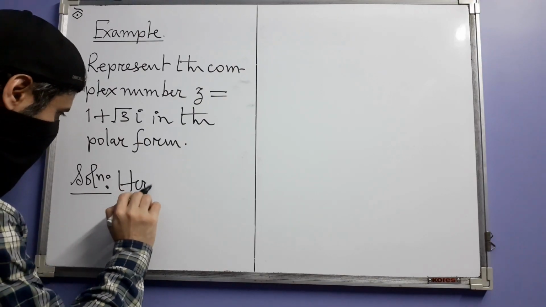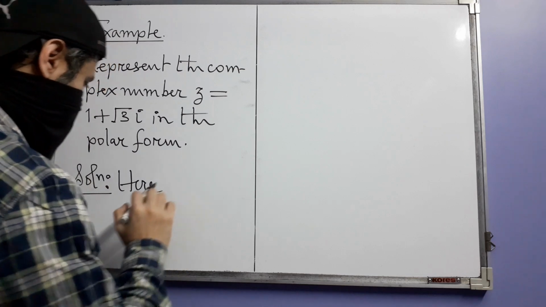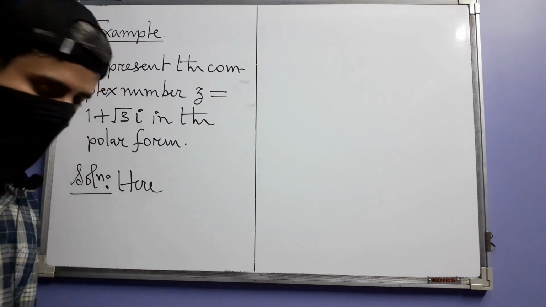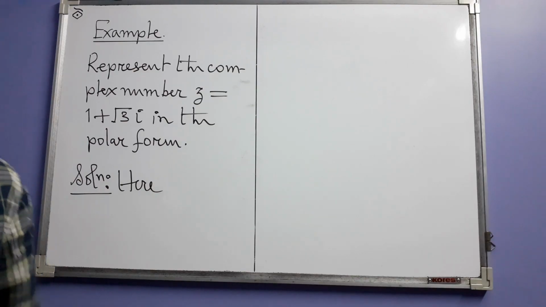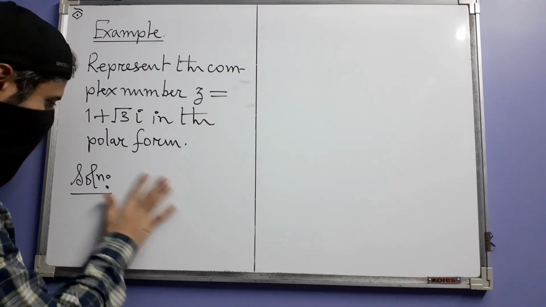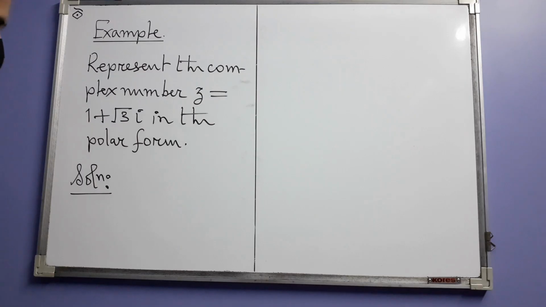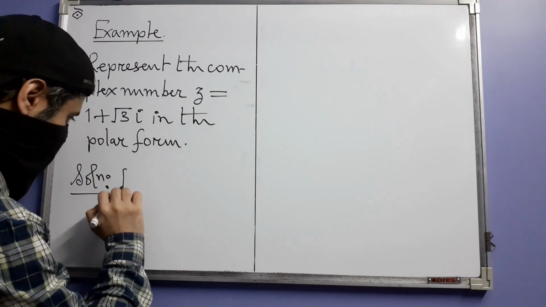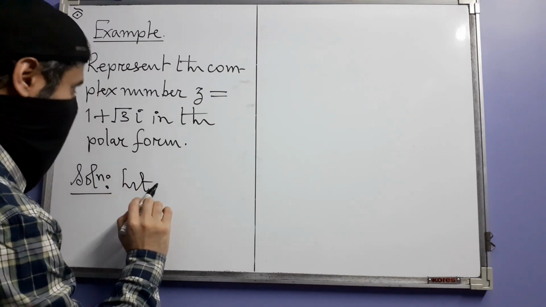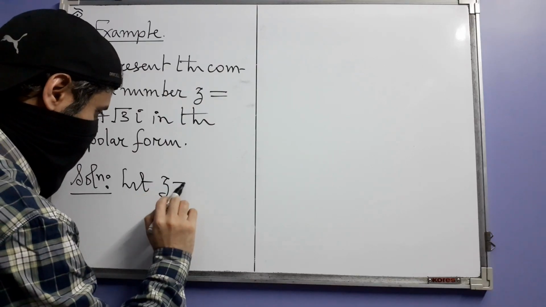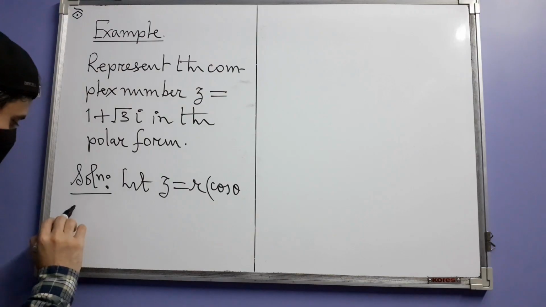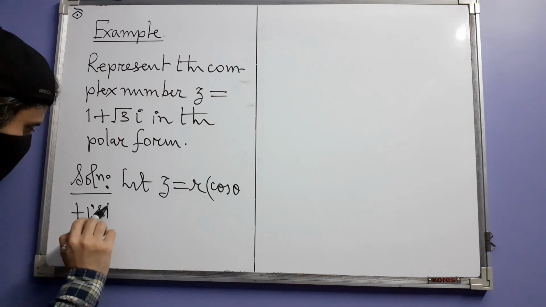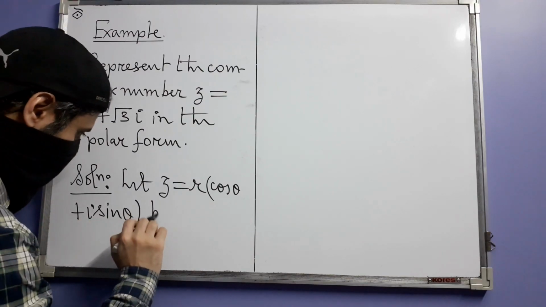You can start like this actually. Let z equal to r times cos theta plus i sin theta.